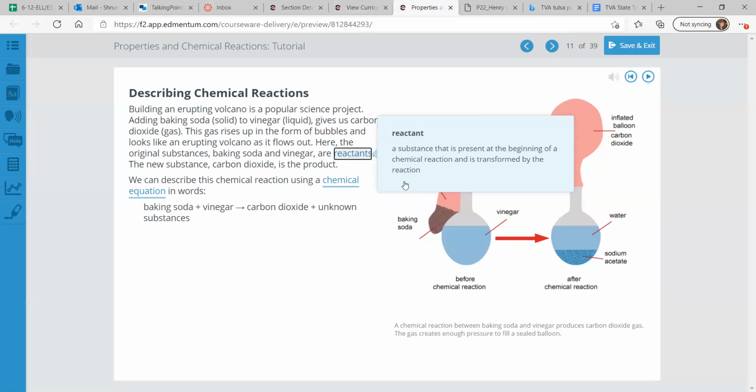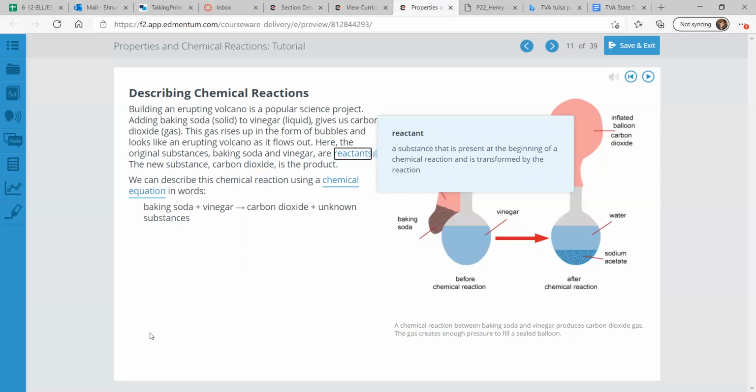Reactants are the things doing the reaction. They are reacting. A reactant is a substance that is present at the beginning of a chemical reaction and is then transformed by that reaction. And then we call the end product the product of the reaction.